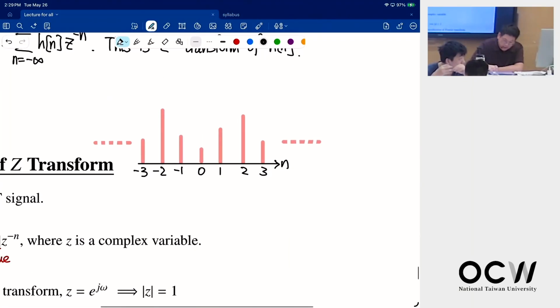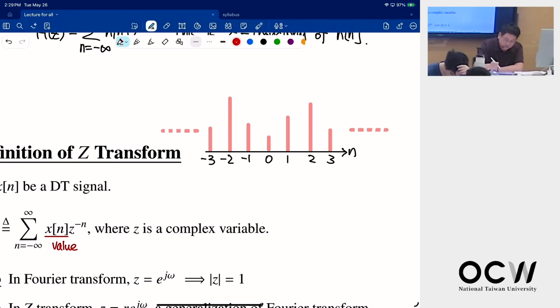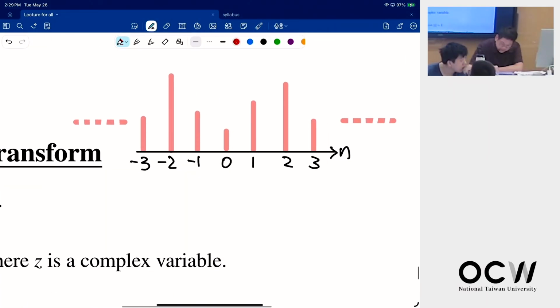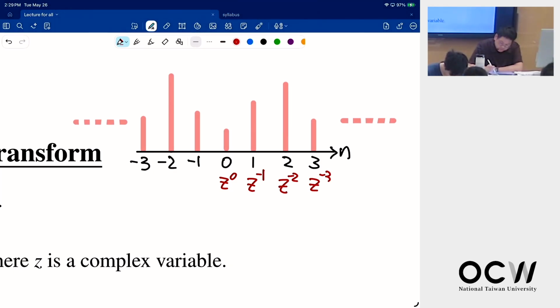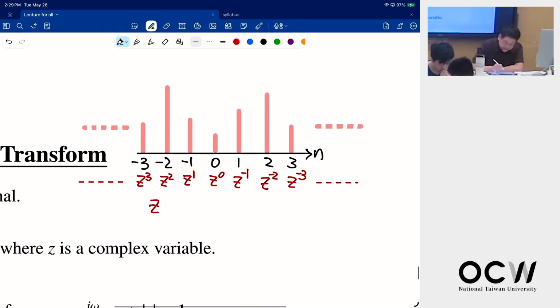When n equals 0, that is z to the minus 0, so here is z to the 0, and this is z to the minus 1, z to the minus 2, z to the minus 3. For minus 1, this is z to the 1, z squared, z cubed. So you can see that overall this is the z polynomial.